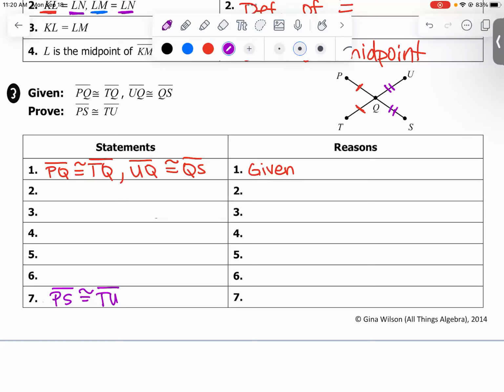Segment addition postulate is something we're going to have to use. Now does the segment addition postulate have congruent signs? No, it has equal signs. So the first thing we need to do is say PQ equals TQ and UQ equals QS because of the definition of congruence.